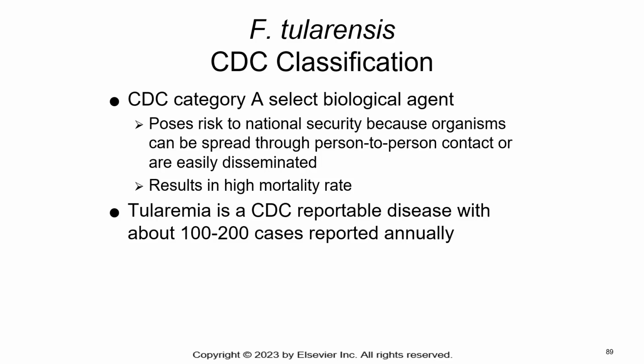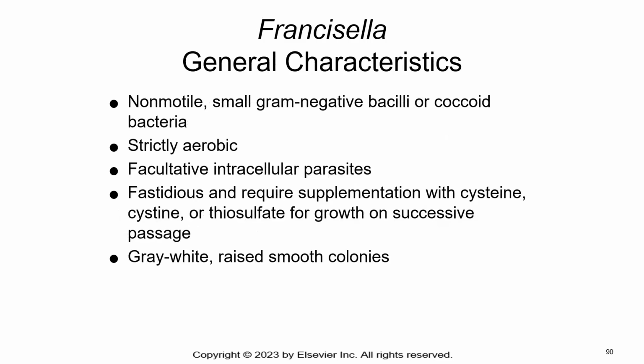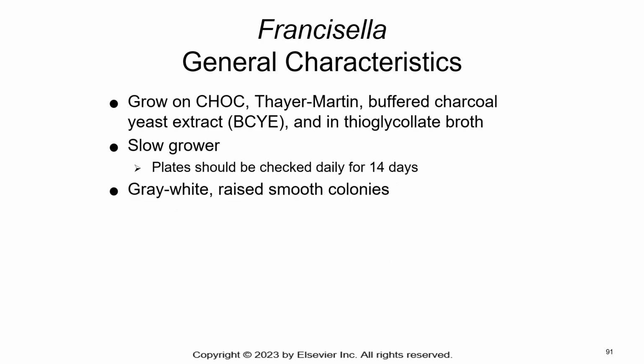It is a CDC reportable disease, and about 100 to 200 cases are reported annually. General characteristics are listed below. The agar of choice is buffered charcoal yeast extract, BCYE. That is a distinguishing feature, an important feature of Francisella growth.